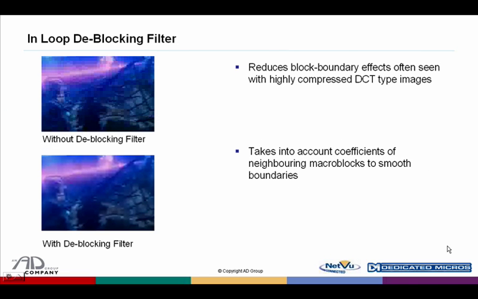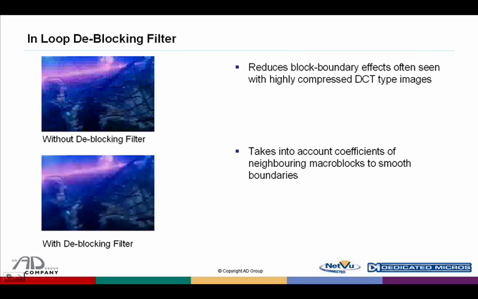One other innovation that comes with H.264 is the inclusion of an in-loop deblocking filter. As you see in the picture at the top there, you can notice a blockiness within the picture, particularly when images are highly compressed using discrete cosine transform. There's no allowance made for the boundary between macro blocks.